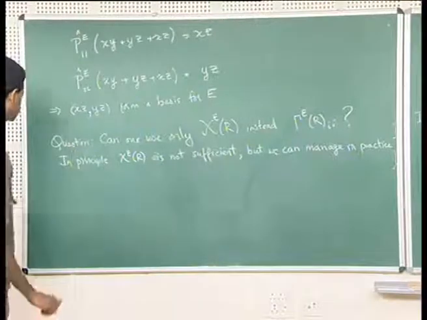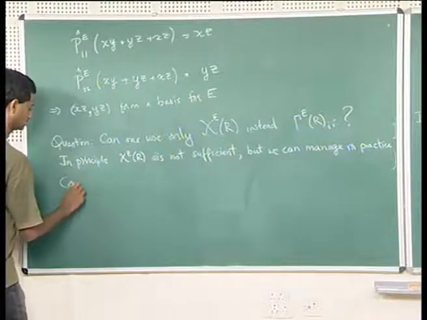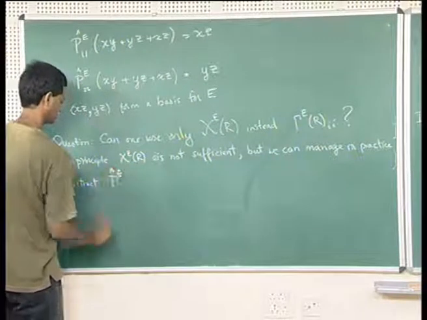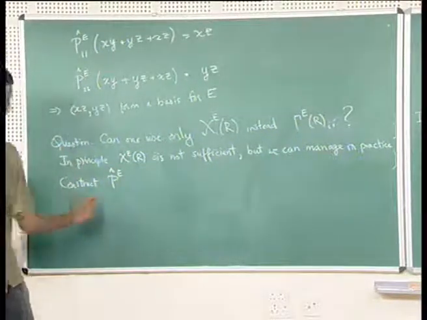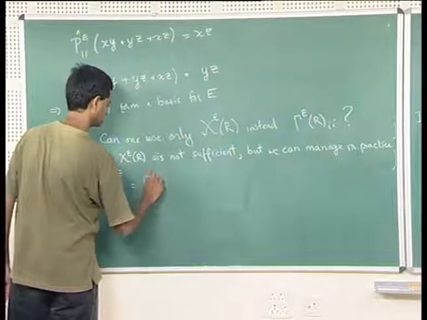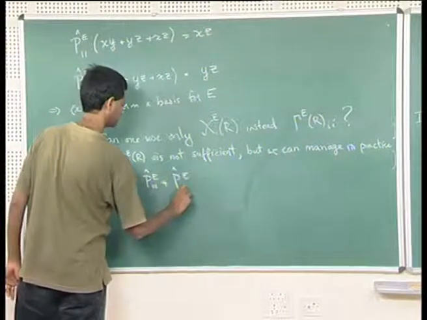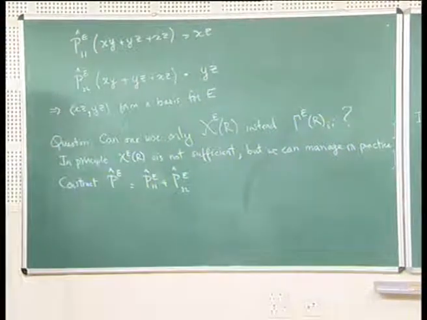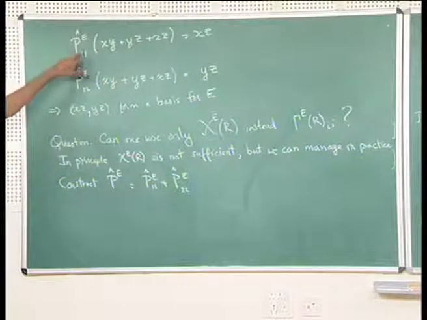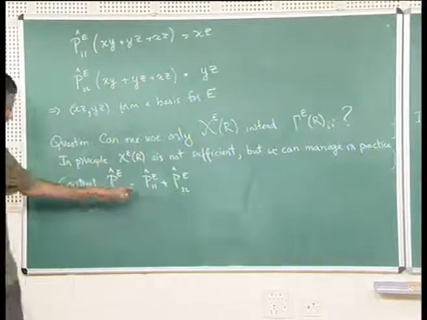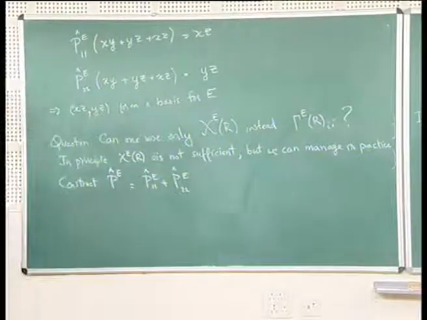So we construct P^E equal to P^E_11 plus P^E_22. We are just summing over all the diagonal elements. If you had a three-dimensional representation, then you would sum over all three diagonal elements.